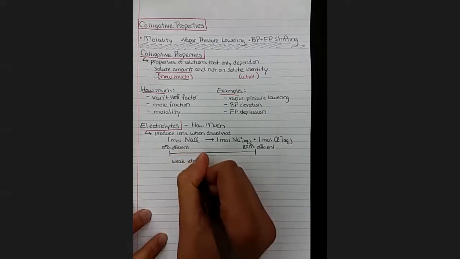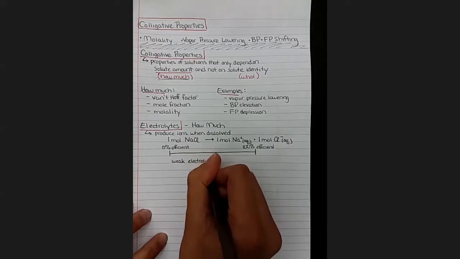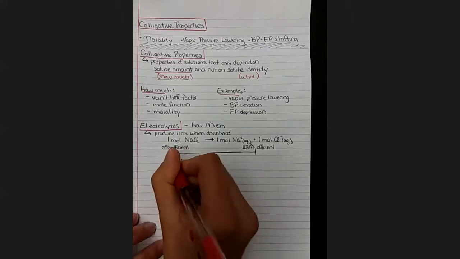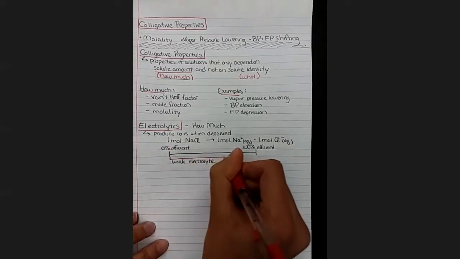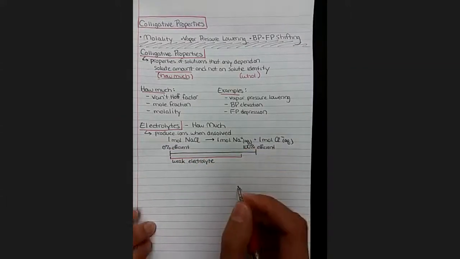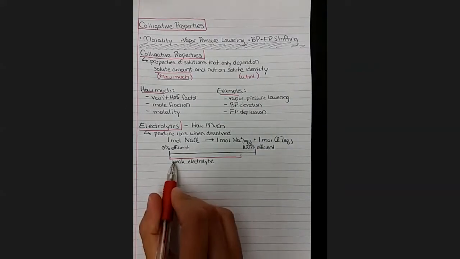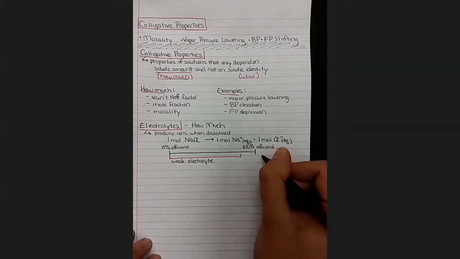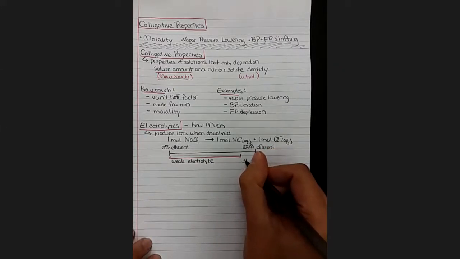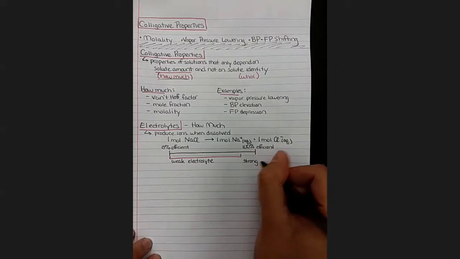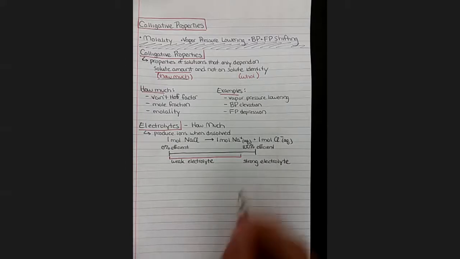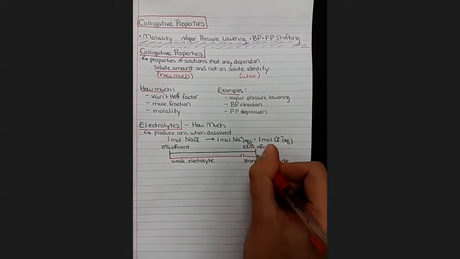We call it a weak electrolyte, meaning that not all of it dissolves. We'll say that it's from low to maybe this high. Probably shouldn't even draw it this low. If it's that close to 0, it doesn't even dissolve at all. And if it's up here near the 100, then we call it a strong electrolyte, up here close to 100%.